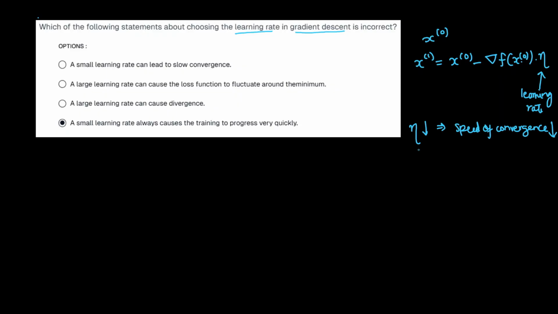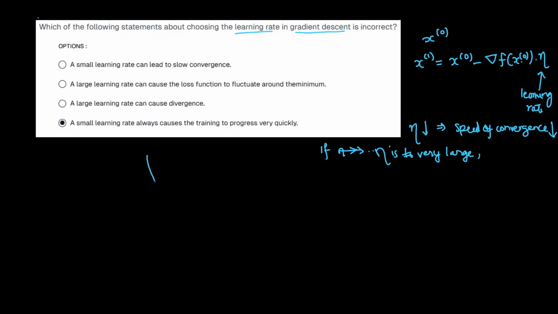So eta is directly proportional to the speed of convergence, but at the same time, if eta is very large, then what happens is that it crosses the optimal value and lands in a different value which is far away from the optima, okay?